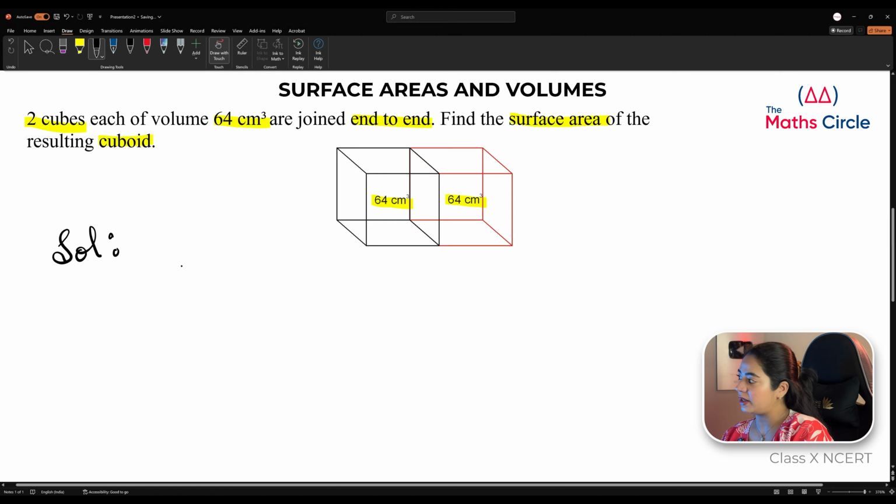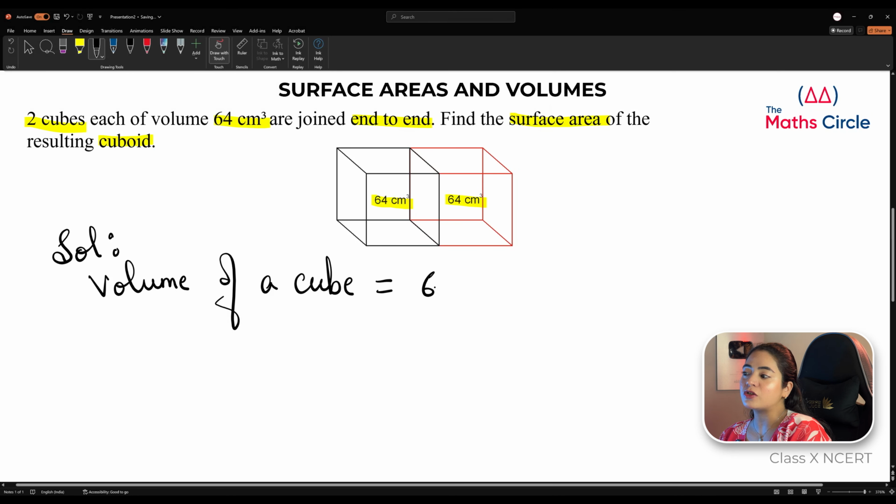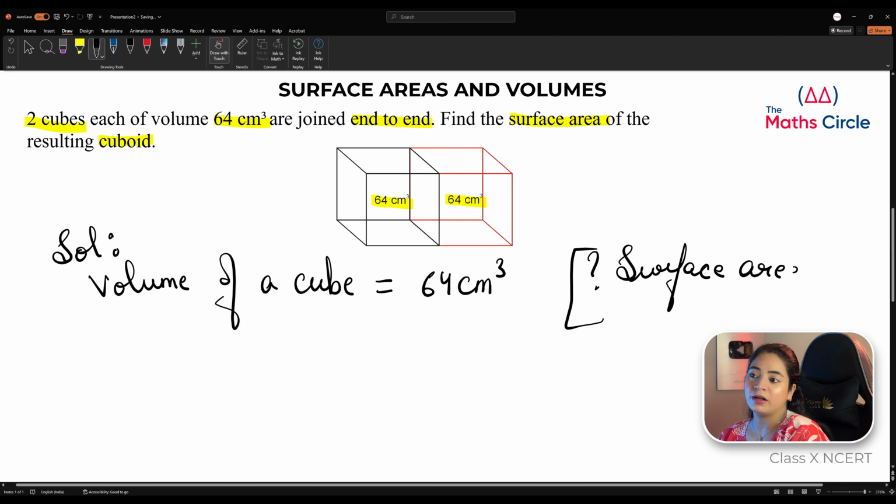What we are given with is simply the volume of a single cube is equals to 64 centimeter cube, and what we have to find is surface area of the resulting cuboid.